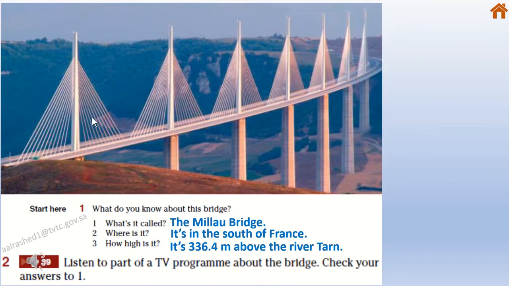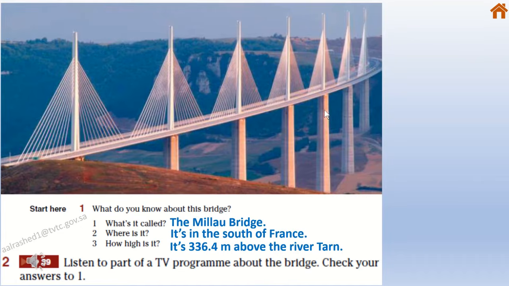Okay, let's talk quickly about the components of this bridge. If you want to build a bridge, what are the components? What do you need in order to build a bridge? First of all, you need piers. These are piers.